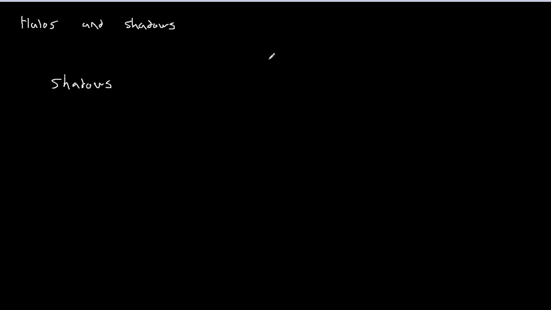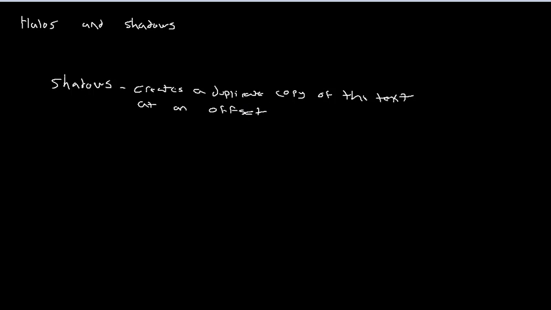So what a shadow does is it actually creates a duplicate copy of the text at an offset. So what I'm going to try to do is draw text in white. I'm going to draw a big letter S here.